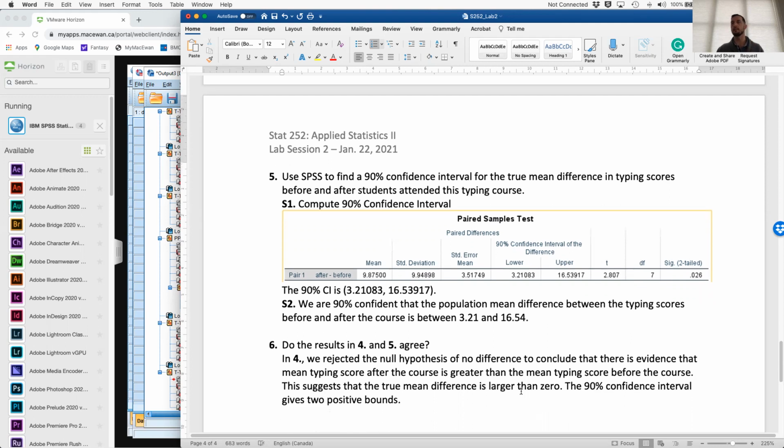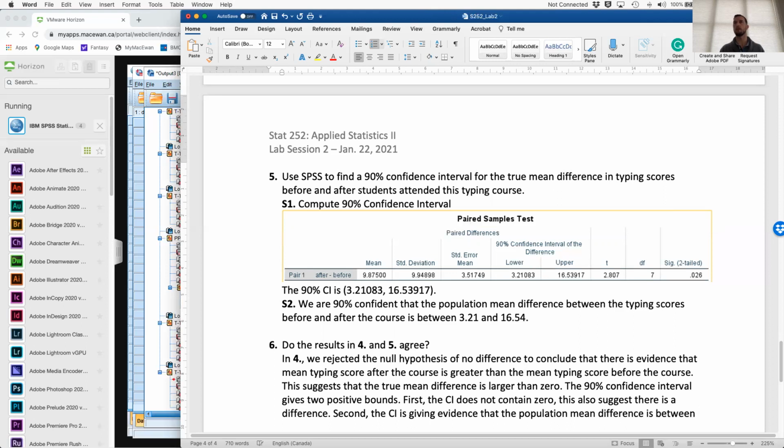Okay, the 90% confidence interval gives 2 positive bounds. So first of all, the CI does not contain 0. This also suggests there is a difference. Second, the CI is giving evidence that the population mean difference is between, as we wrote above, 3.21 and 16.54.